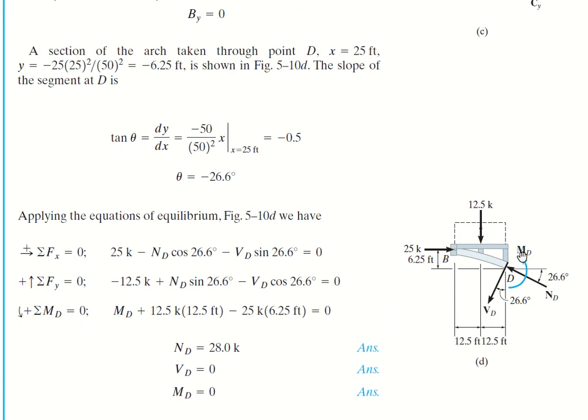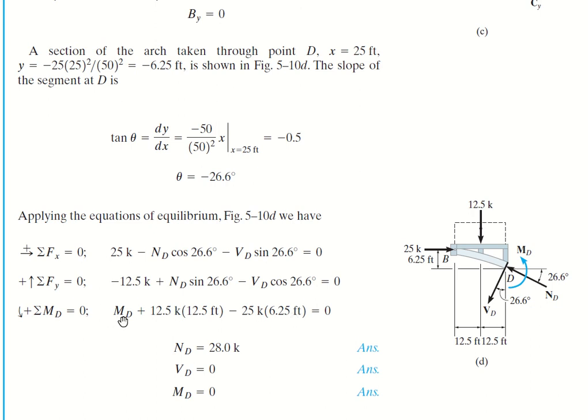Okay, and summation of moments at point D is equal to 0. So one is this MD, right? We are taking bending moment at this point equal to 0, so that we don't need to worry about these ND components and VD components. So what we are left with is this applied load and this horizontal reaction at point B. See, 12.5 which is the applied load and 25 which is this reaction, and we have their vertical distance and horizontal distance.